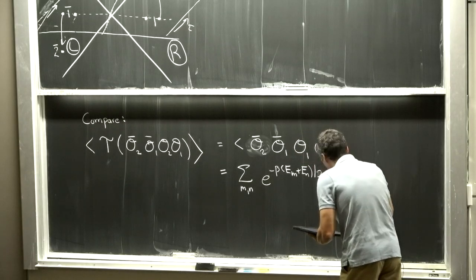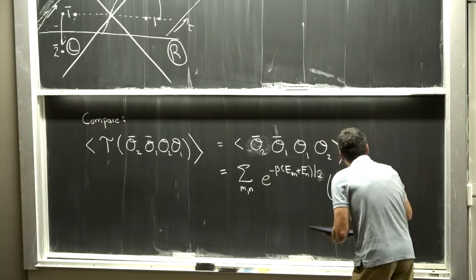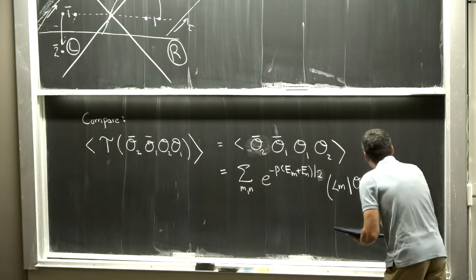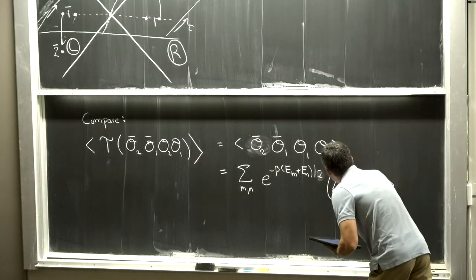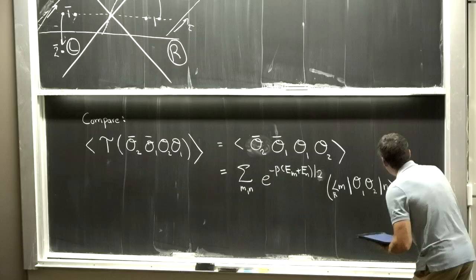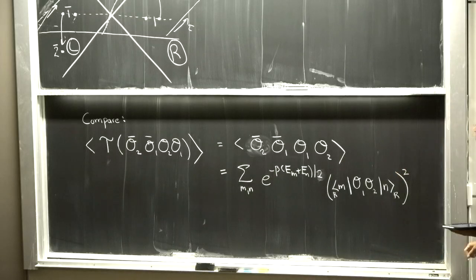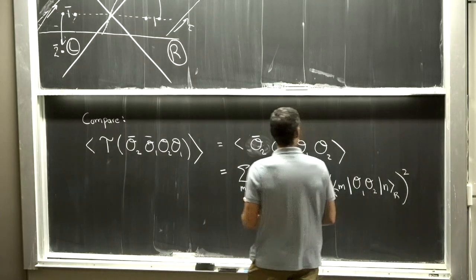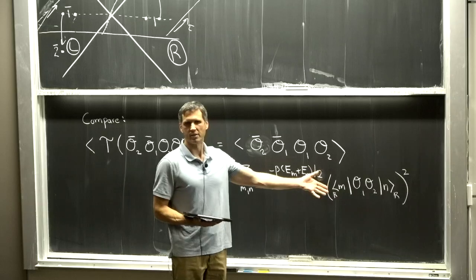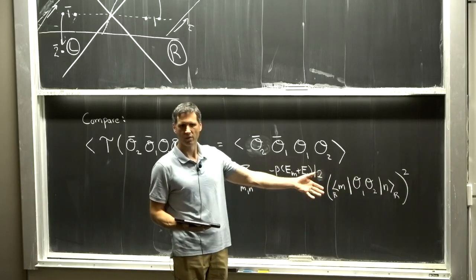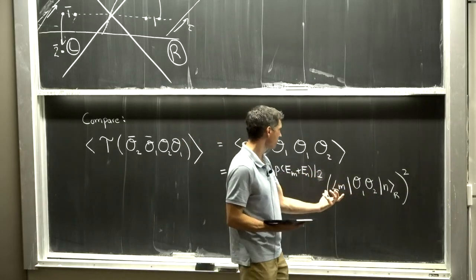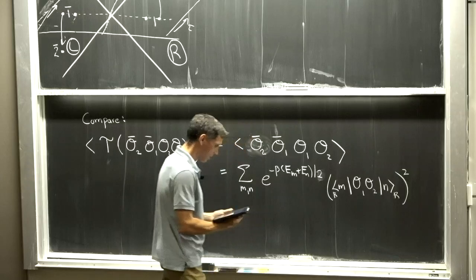So the matrix element of O1 between m and n in Rindler, squared. Okay, so it's the same expression we would have gotten from the other ordering, except no absolute value anymore, which means that they differ by sticking in a bunch of phases into the sum. If we had done the other ordering, we'd have an absolute value. This has a bunch of phases.